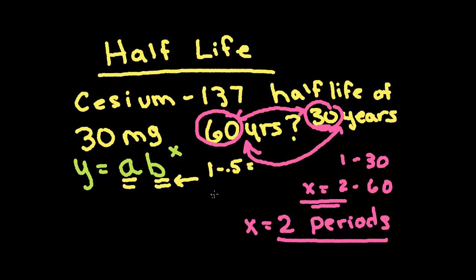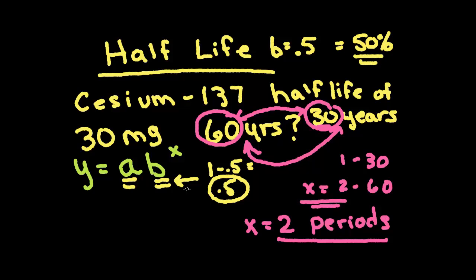We're decreasing by 50%. Or we can just look at it as a half-life of being 0.5, which equals 50%. So our B in half-life problems is always going to be 0.5, which is the same as being cut down at a rate of 50%.